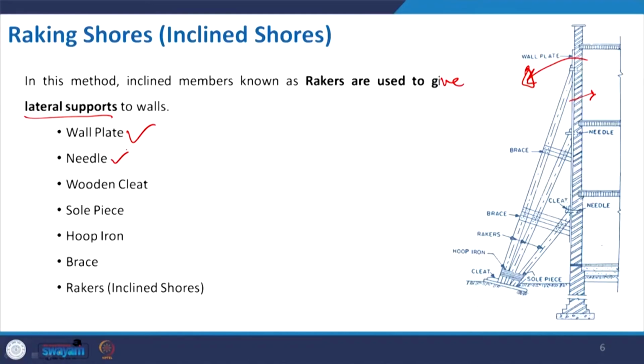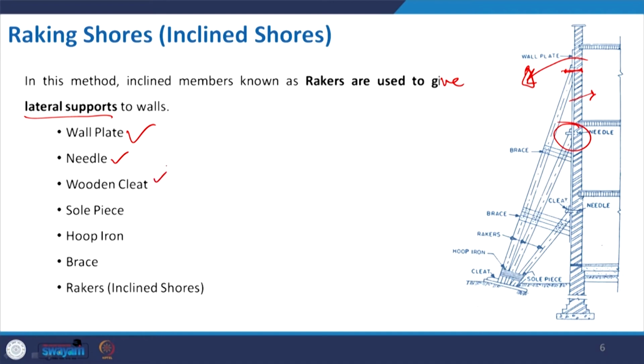Then the needle helps to connect your rackers to the wall. We make some penetration and give some attachment with the wall. The needle is used to stitch, so the purpose is stitching the wall plate and brackets to the wall.